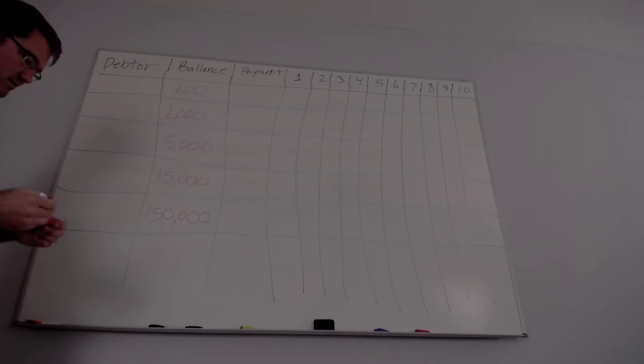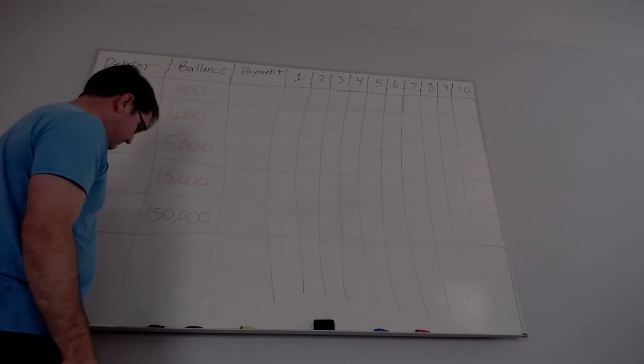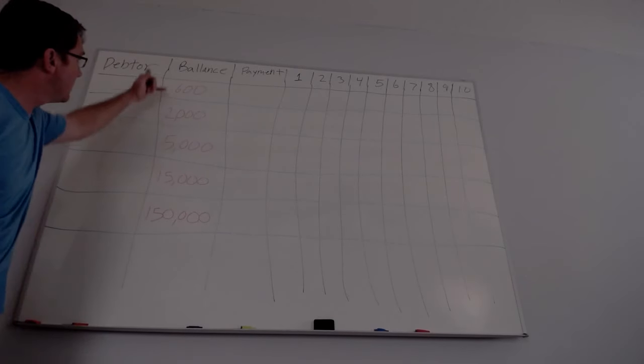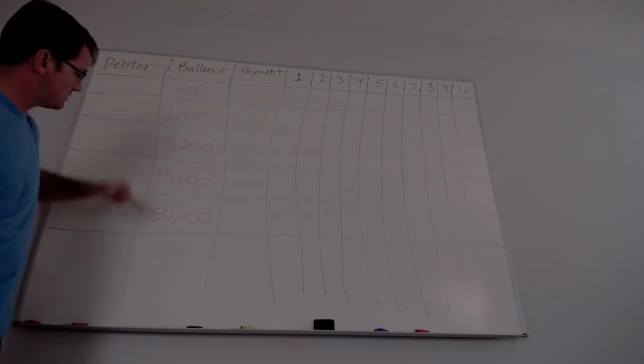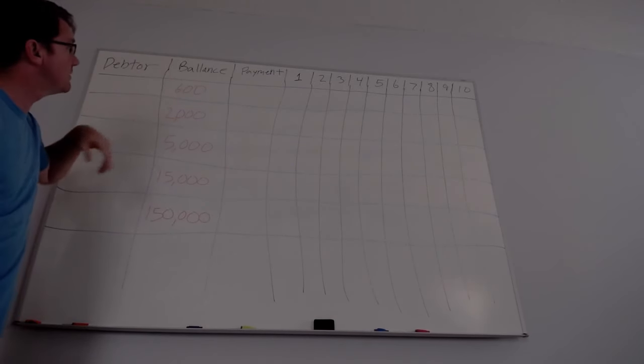Very round numbers. Okay, so there's their balance listed from smallest to largest. There's probably the house, the car, credit card, right?